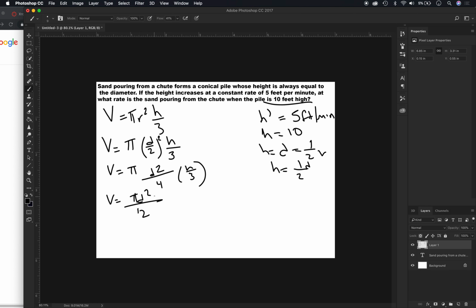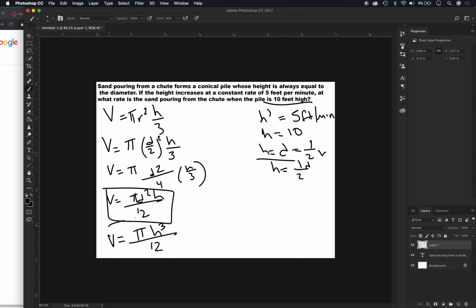But wait a moment. They then did v equals pi h cubed over 12. So they just took the diameter and then switched into h, which, I mean, yeah, h equals, I don't know. It's a bit of a mind boggle, whatever, maybe just to me, because my mind is quite small.